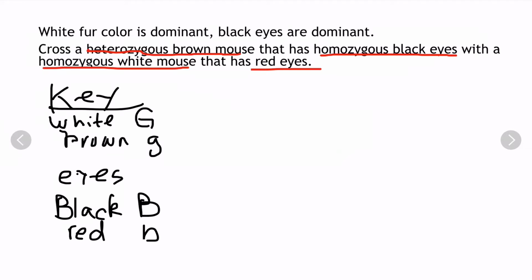Okay, so I have a heterozygous brown mouse. If the mouse is brown, it can't be heterozygous, actually.